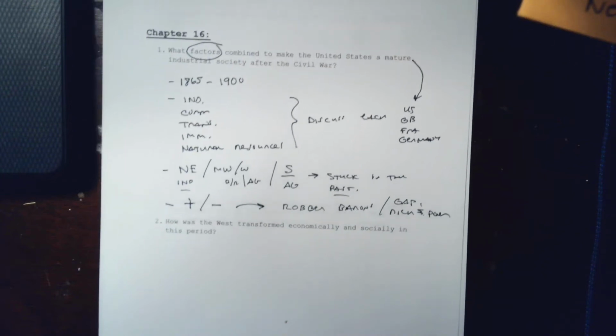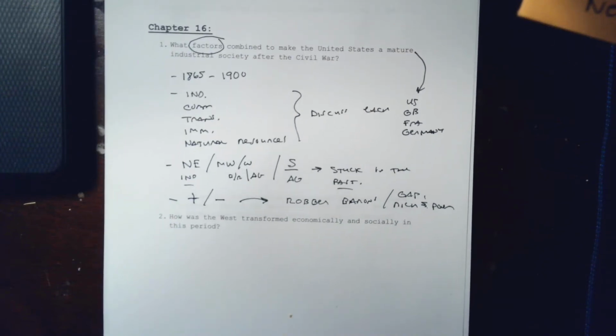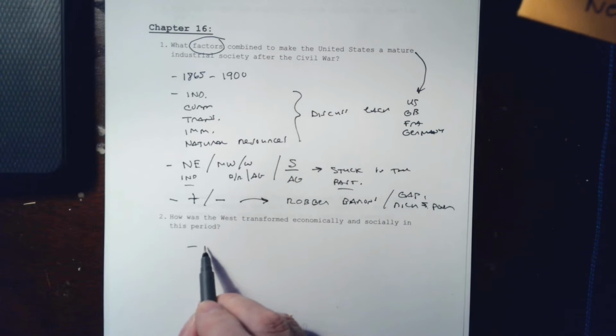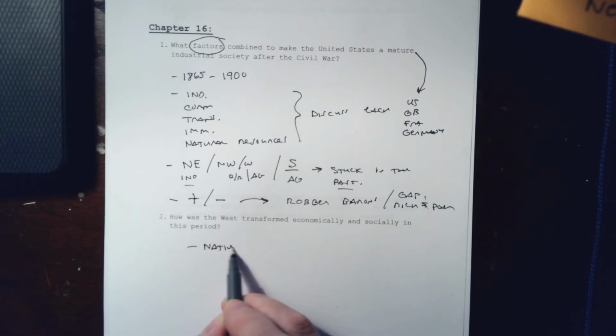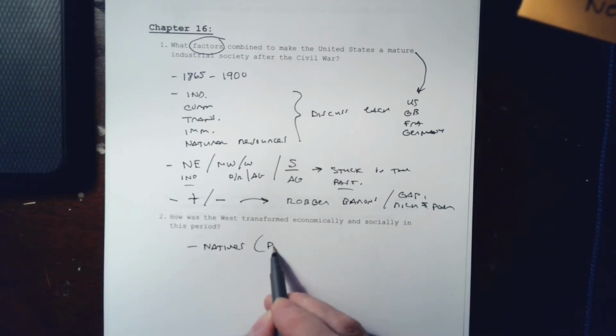Now, with regards to the West transformation economically and socially in this period, what you want to do is talk about how the natives continue to pay the price, right? Their lands were taken.